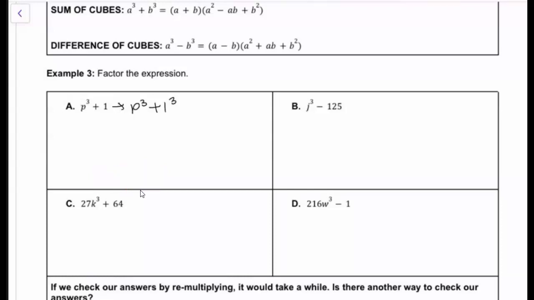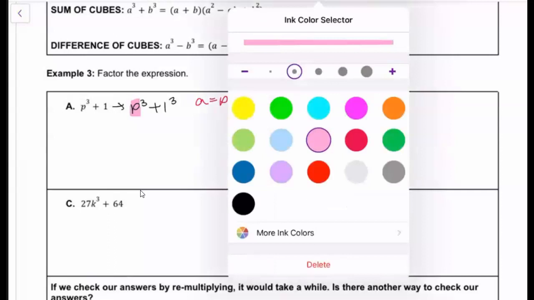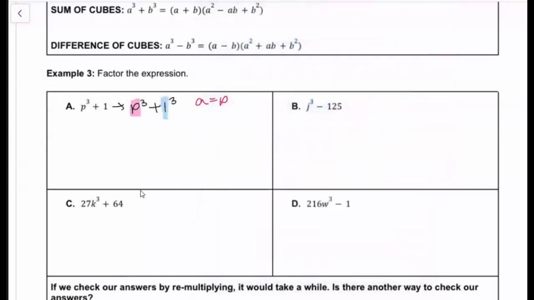So this time, my A is p, and my B is 1. And then I need to check what symbol I have in the middle. Since I have an addition, that means I'm doing sum of cubes. So I need to do this version of my equation.